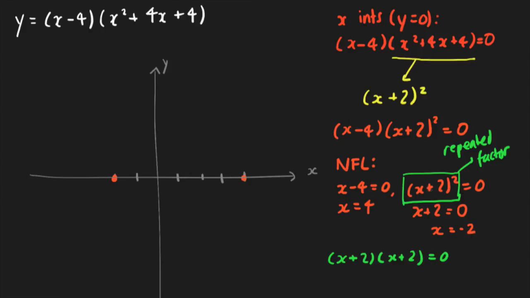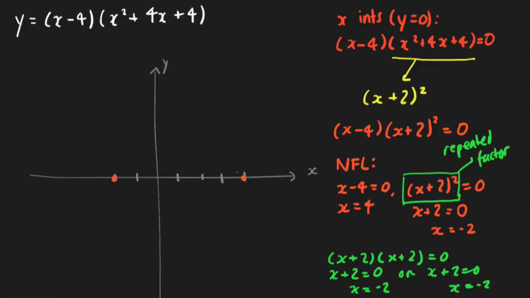Instead of writing x plus 2 squared, I've written x plus 2 times x plus 2, which is the definition of x plus 2 squared. And using the null factor law, this gives us x plus 2 equals 0, or x plus 2 equals 0. This is x equals negative 2, or x equals negative 2. That's why we call it a repeated factor or a repeated solution, because it's repeated twice, right? Because we have two factors that are the same.